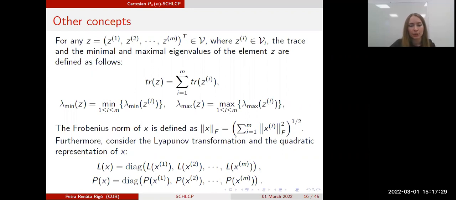And here we can also consider the Lyapunov transformation, the quadratic representation of X, so this L and P, by taking this where Xi are elements of the corresponding Euclidean Jordan algebras Vi, and this L and P have been presented and defined previously.